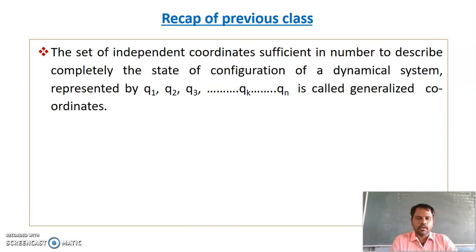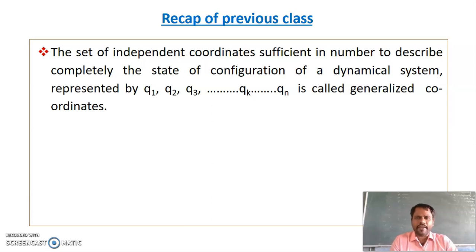We have seen for a simple pendulum motion, we need theta, which is equal to q1, as a generalized coordinate. Likewise, for a particle moving on the surface of an inverted cone, we need r and phi as q1 and q2 as generalized coordinates.